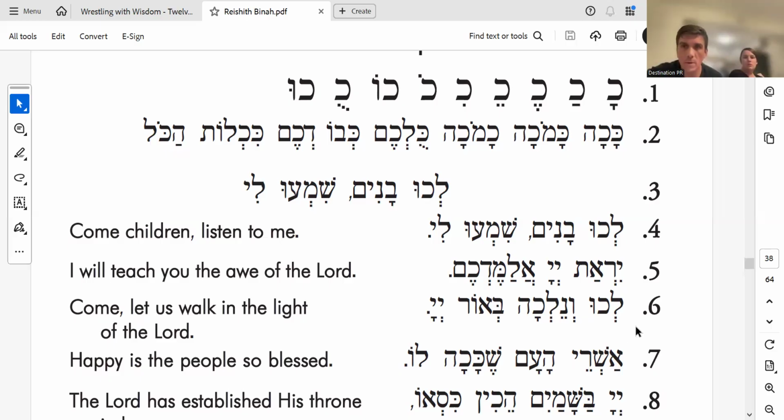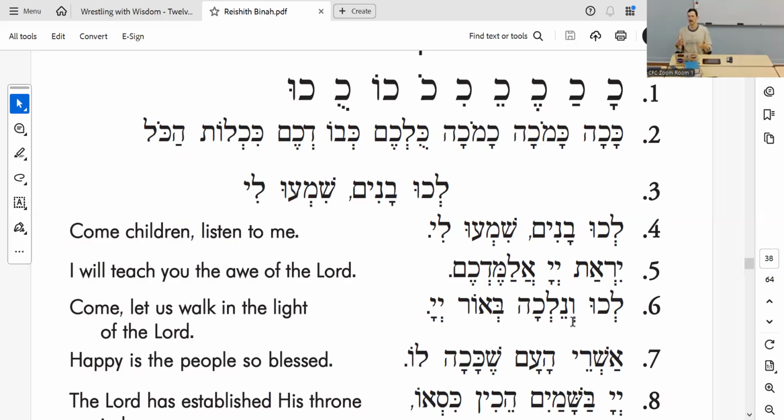This is the shva na, the moving shva, because it appears right there in the beginning, you have to have some sort of movement when you're pronouncing the word.